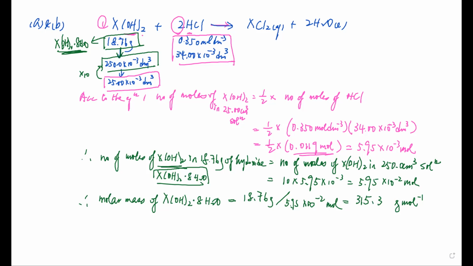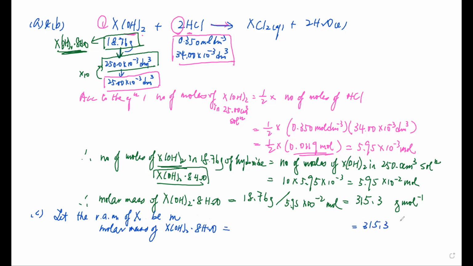So once you get this, you may arrive at the answer for part C. You need to find out X. What is that? Refer to the periodic table. The way to solve is to find out the RAM of X, right? So you let the relative atomic mass of X be M, for example, or smaller x, up to you. So the molar mass of X hydroxide H2O, you may get it as 315.3.